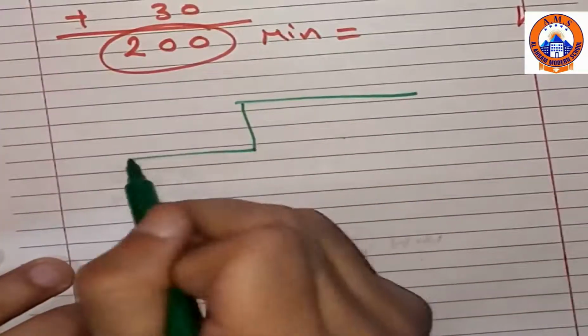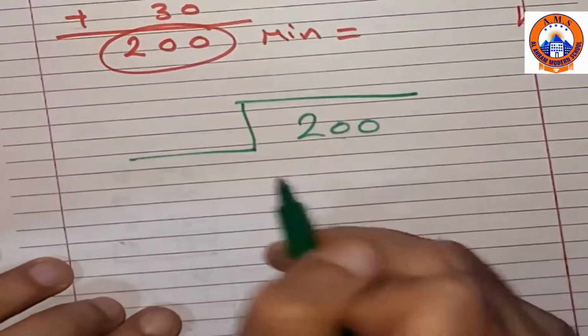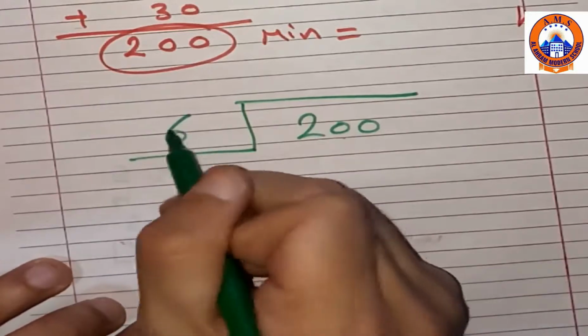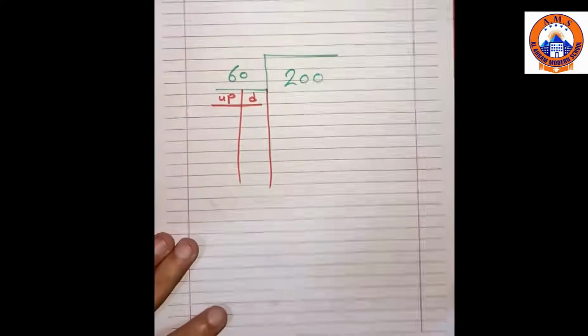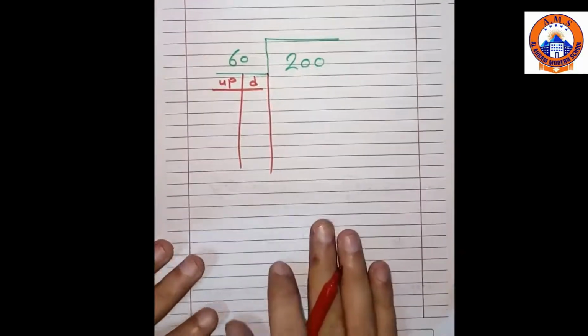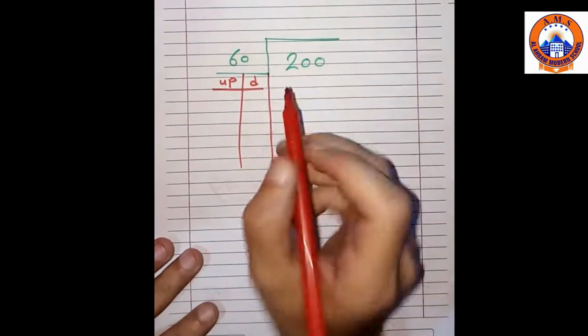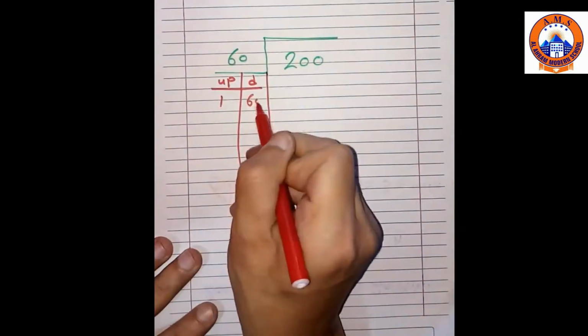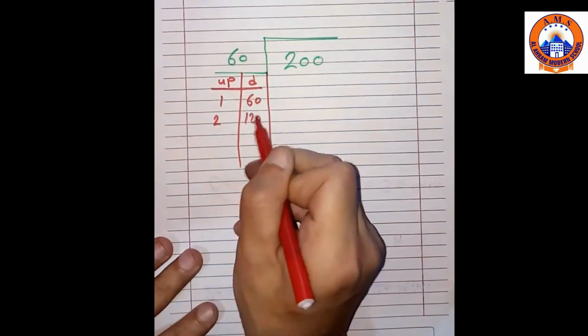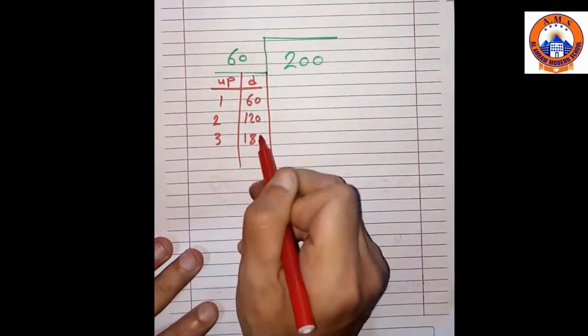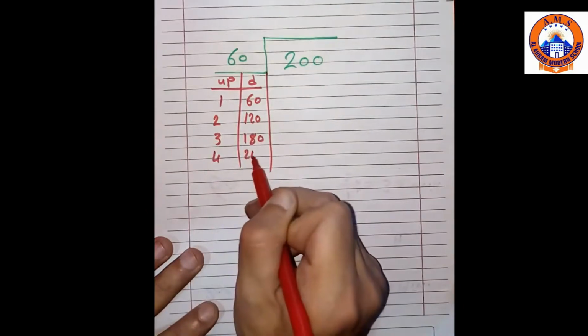Like the previous one, I'm going to do a long division. We have 200, and outside we divide it by 60. 60 times 1 is 60, 60 times 2 is 120, 60 times 3 is 180, and 60 times 4 is 240.